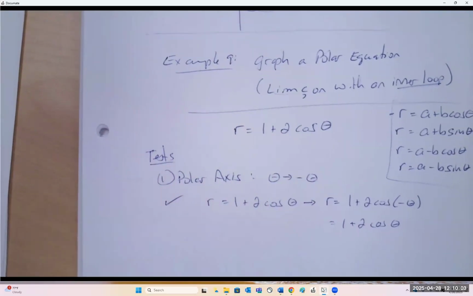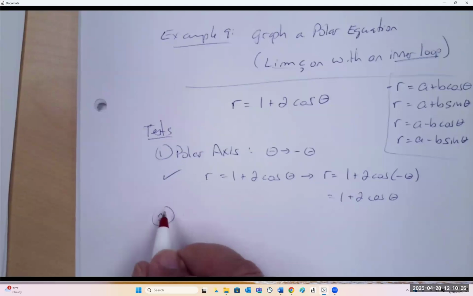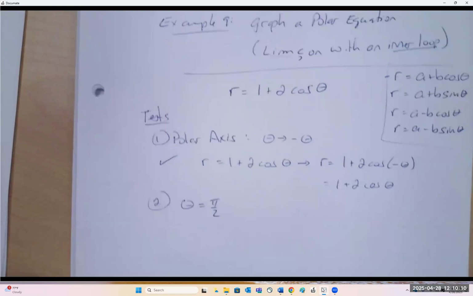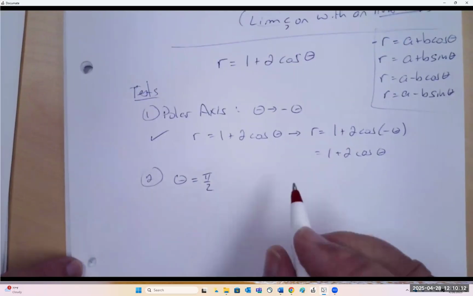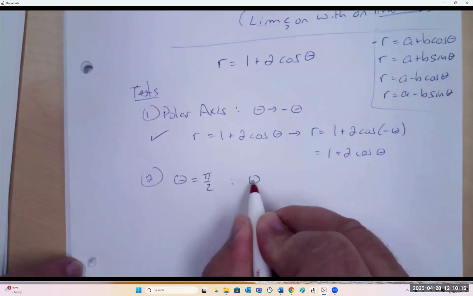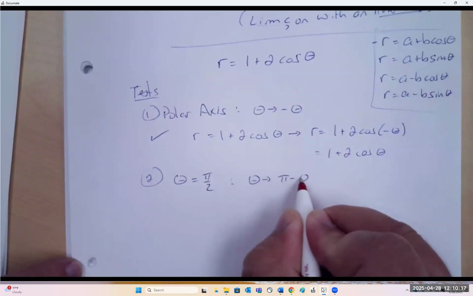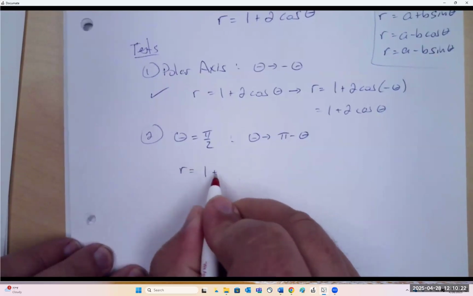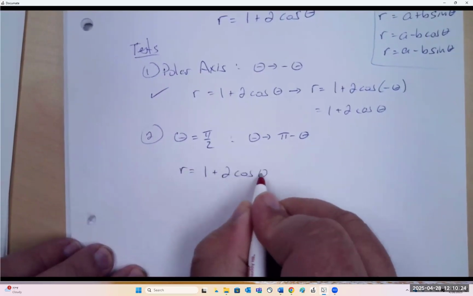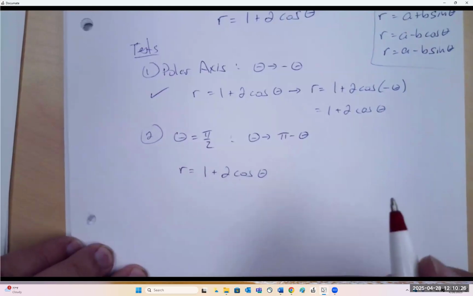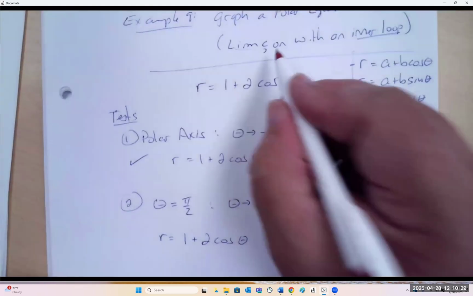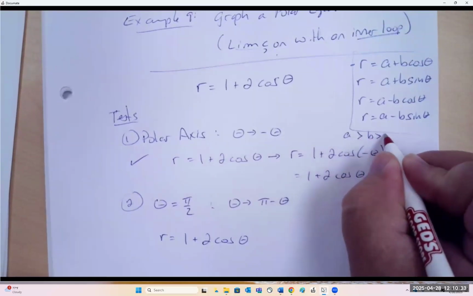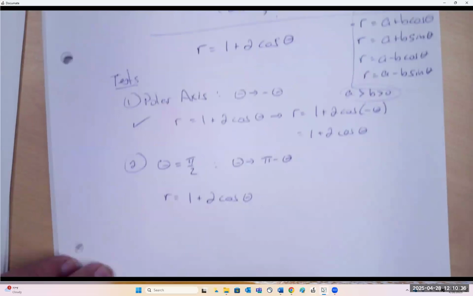It passes that. Replace that to get 1 plus 2 cosine theta. That's right. With this one, we have a is greater than b is greater than 0.